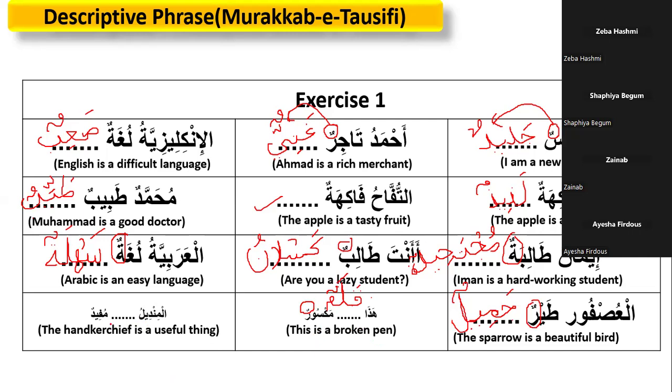Al-mindilu mufidun. So now thing. What is the word of thing? That you can see in the Quran as well. Shay'un. Am I right? So there is Hamza.